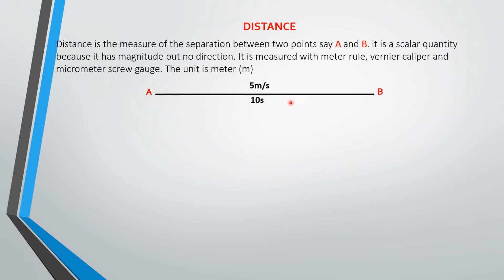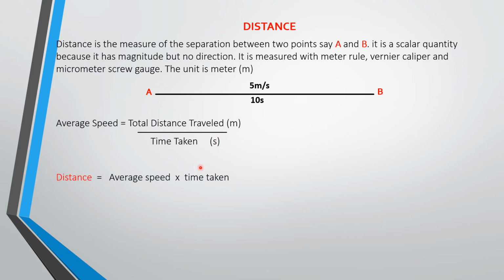To calculate the distance covered by the ball, you can get it from this formula. Average speed is equal to total distance traveled over time taken. For you to calculate the distance, you make distance the subject of the formula. Distance equals average speed times time.